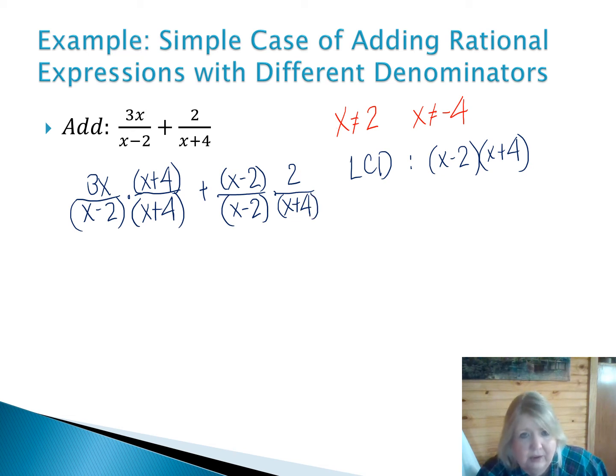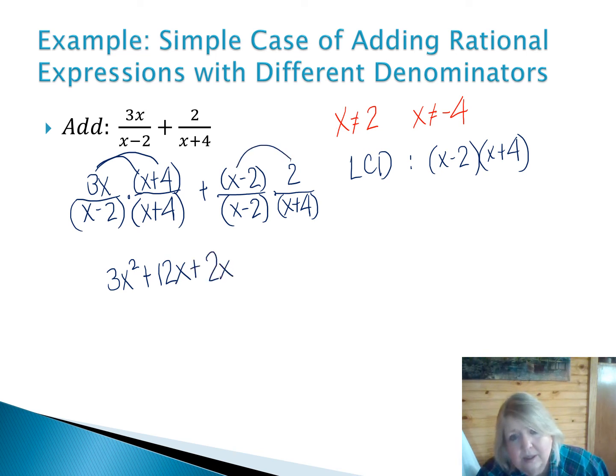So what I'm going to do now is distribute on both sides, and then write them over just a common denominator. So 3x times x is 3x squared. 3x times 4 is 12x. 2 times x is 2x. And 2 times negative 2 is negative 4.